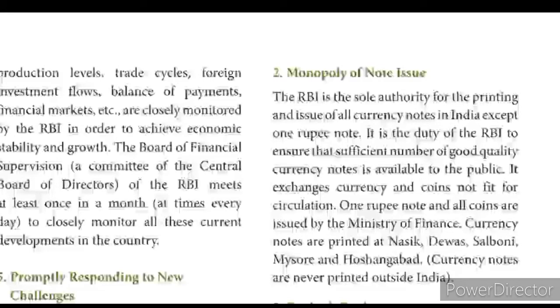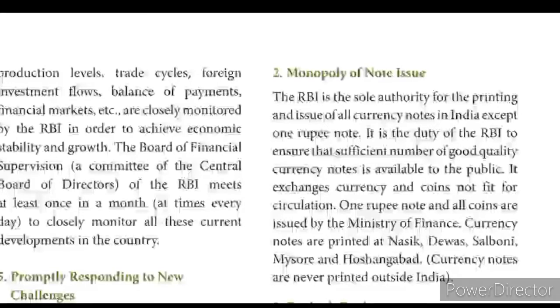See, the RBI is the sole authority for the printing and issue of all the currency notes in India except 1 rupee notes. It is the duty of the RBI to ensure that a sufficient number of good quality currency notes is available to the public. It exchanges the currency and coins not fit for circulation. The 1 rupee note and all coins are issued by the Ministry of Finance, and currency notes are printed at Nasik, Dewas, Salboni, Mysore and Hoshangabad.